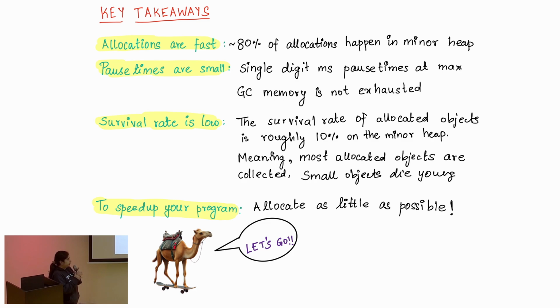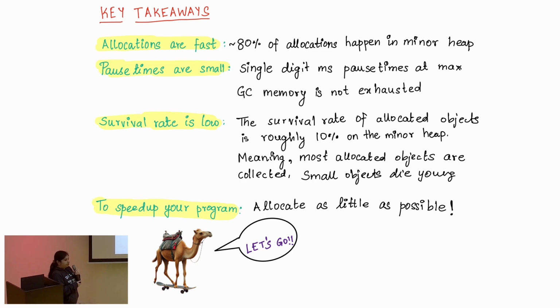Since the GC memory is not exhausted, we have very low pause times. There are cases where the tail latencies might be large, but again, I'm not going to get into that. Survival rate of allocated objects is low, which means, again, a lot of the objects that we allocate are collected.